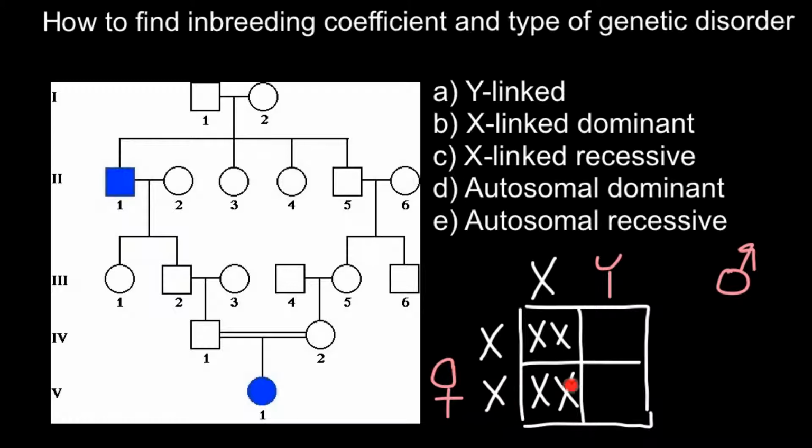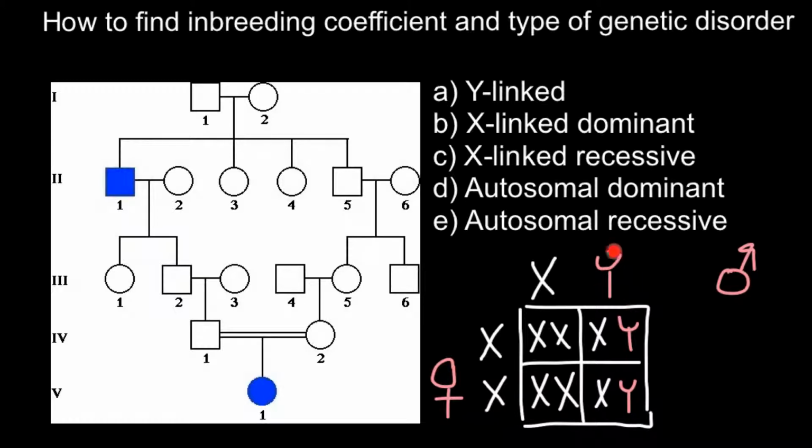Once again, this is going to be female. And here we would have one normal X chromosome inherited from the mother side, and one defective Y chromosome inherited from the father side. Once again, here we have one normal chromosome inherited from the mother side, and one defective Y chromosome inherited from the father side.